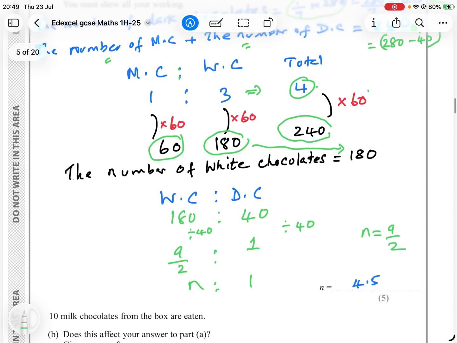So to make 1, 40 divided by 40 is 1. So 180 divided by 40 is 9/2. The form you are given is n to 1, so n must be 9/2, which is 4.5. Answer is n is 4.5.